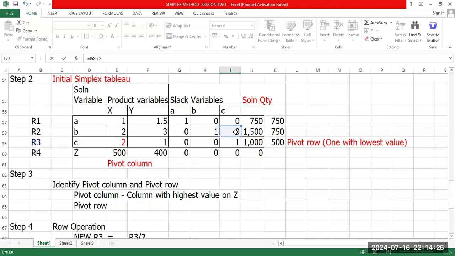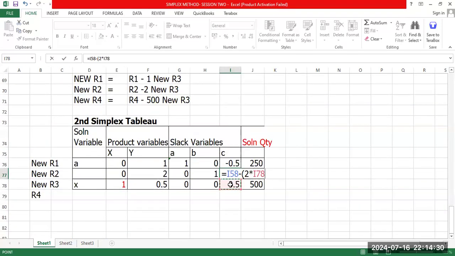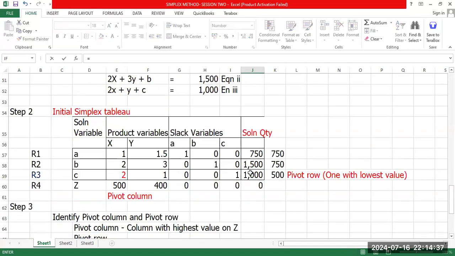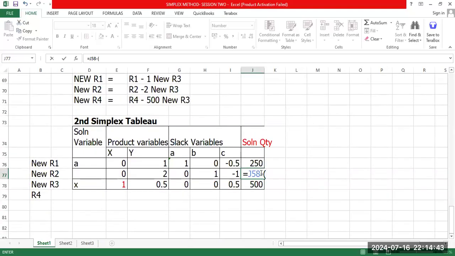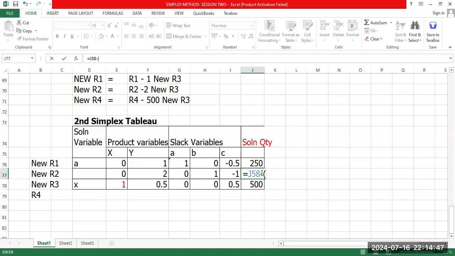Open bracket 2 times 0.5. Then lastly, row 2, I have 1,500 minus open bracket, 2 times 500. Do you all have this? Yes, all clear.